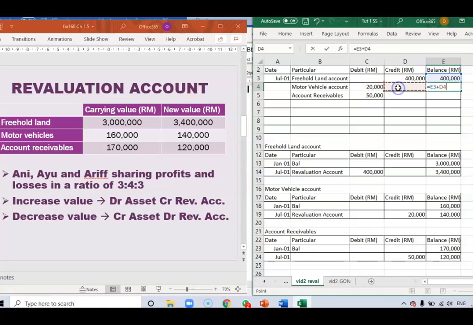The credit side is more than the debit side, so the balance is a positive amount. After you revalue freehold land, motor vehicles and accounts receivable, there is a surplus amount of 330,000.